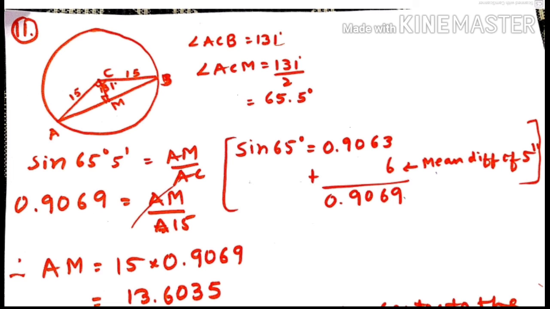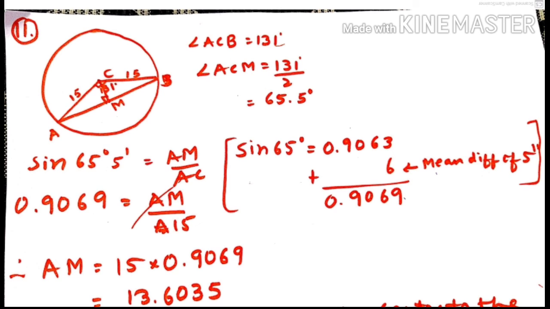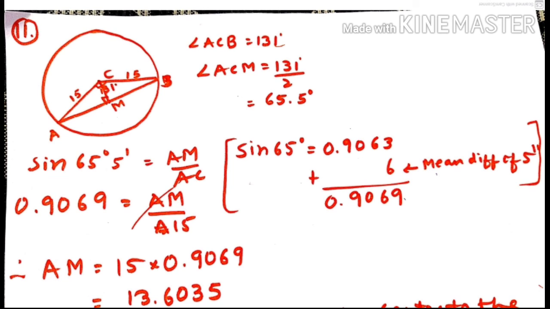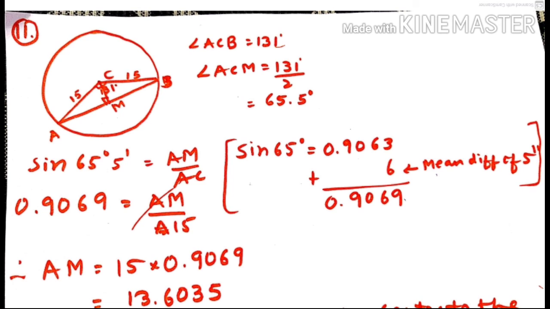I place that at sine 65 degrees 5 minutes, equal to AM upon AC, and AC is 15, that is the radius. Now to get AM, 15 multiplying 0.9069 is 13.6035. This is my AM value.